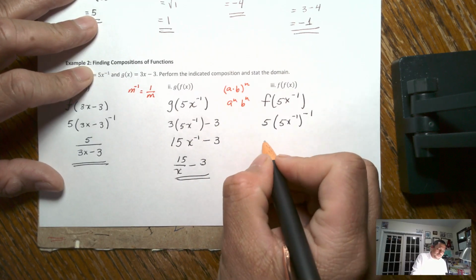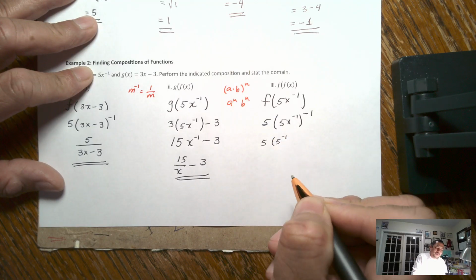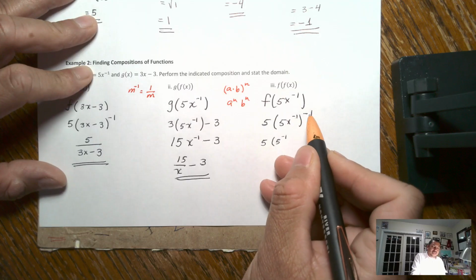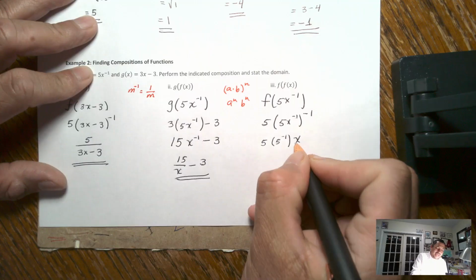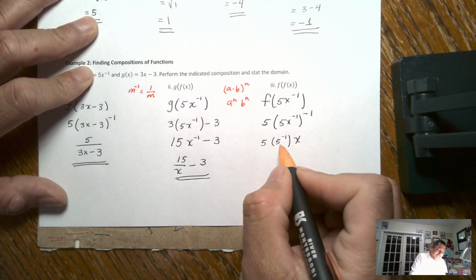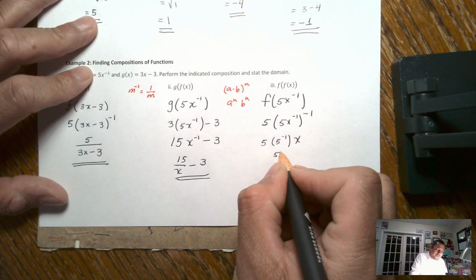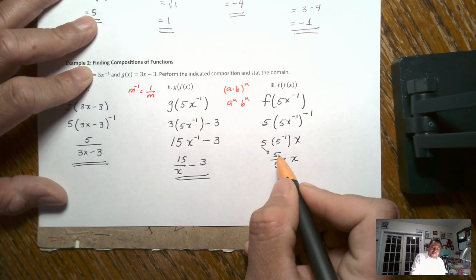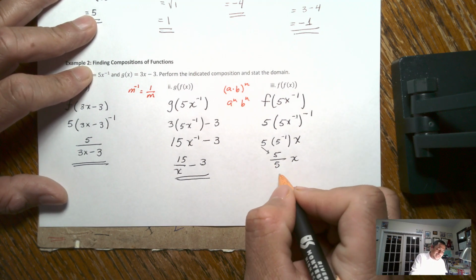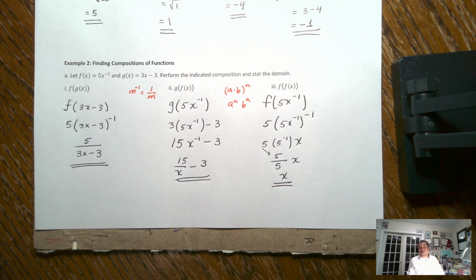So this one is equal to 5 times 5 to the negative 1. Now here, negative 1 times negative 1 is positive 1. So this one is going to be just x, okay? And 5 to the negative 1 is the same as having 1 over 5, and 5 divided by 5 is 1. And that is my composite function.